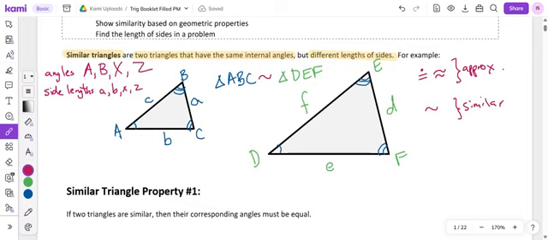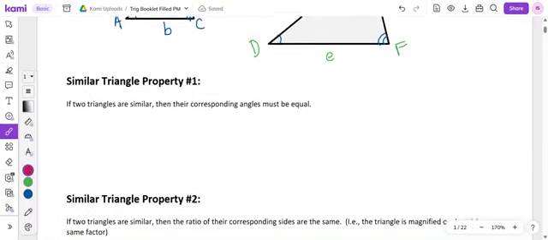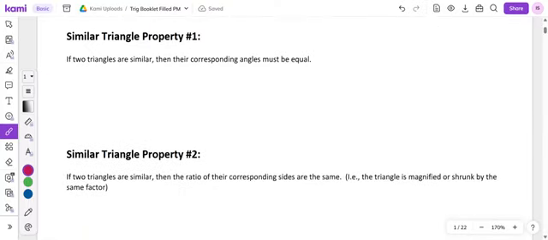So let's formally write them down. So the first property is if two triangles are similar, then their corresponding angles must be equal.